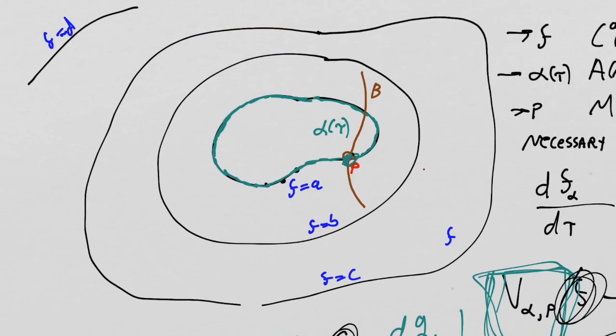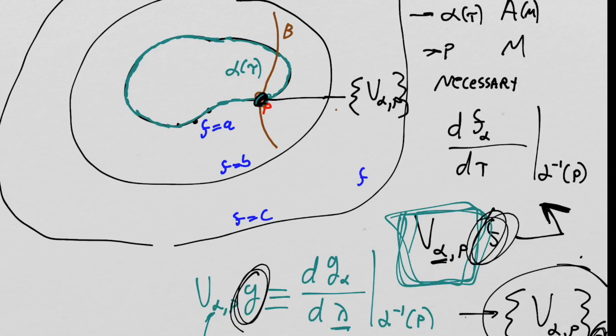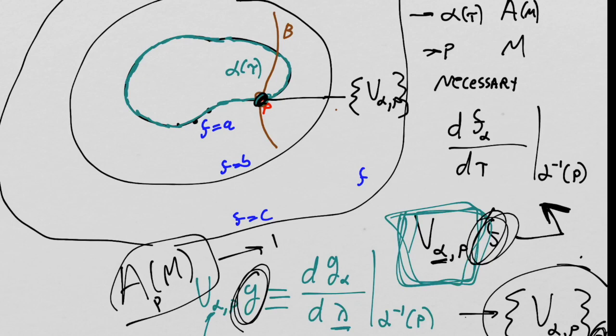That means at the point P, I can establish the set of all directional derivatives, every conceivable directional derivative, and there's one for every curve that goes through P, right? One for every member of A that goes through P, there's a one-to-one correspondence to V alpha P, right?